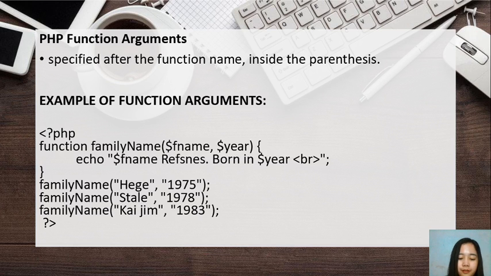So, when the family name function is called, it passes the name inside the function, which outputs several different first names. So it passes the names Hege, Stale, Kai, Jim to the function name.